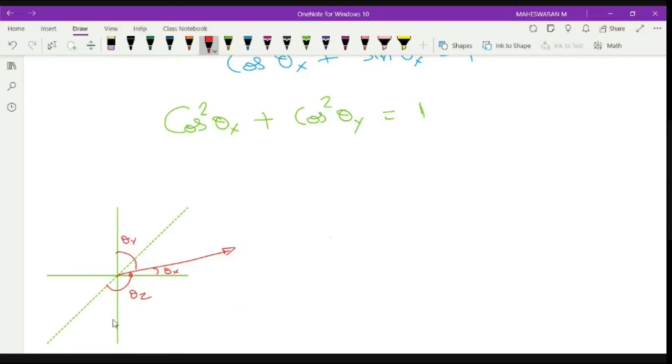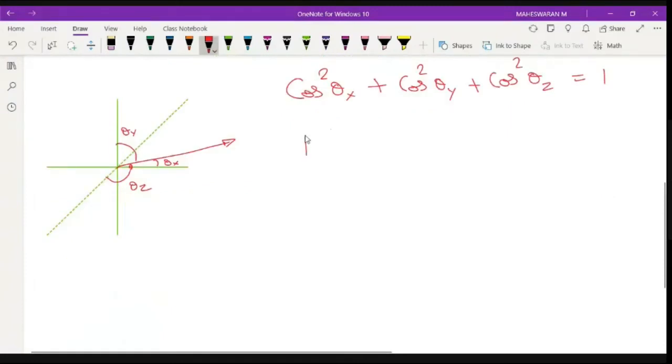One of the main concepts here is that cos square theta x plus cos square theta y plus cos square theta z is equal to 1, similar to this. You have to remember this. You can consider this as a formula also. Similarly, if I want my force Fx, Fx will be equal to F cos theta x.